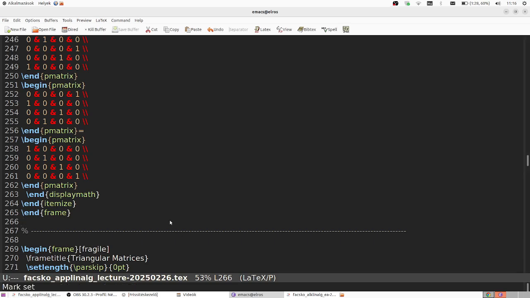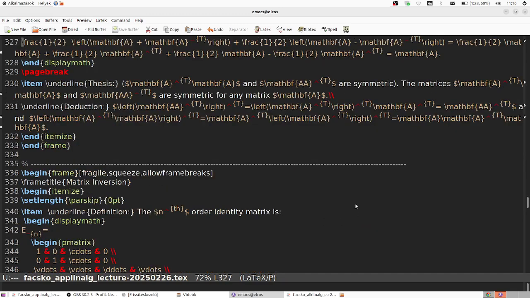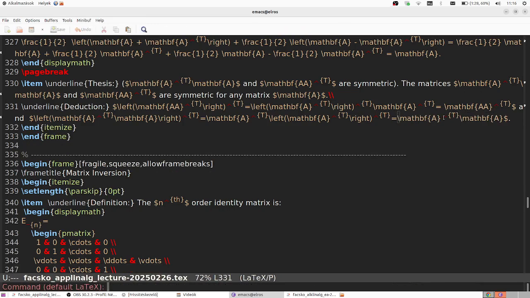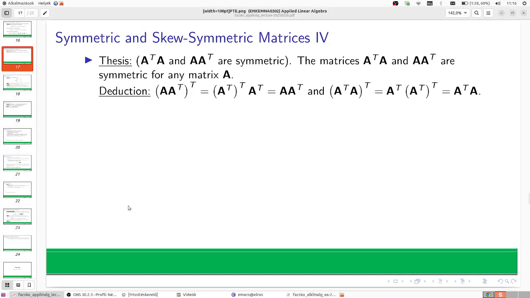Fortunately, I have the source code. Okay, so now I start from this: A transpose multiplied by A. I do the transpose and I have to get the same.